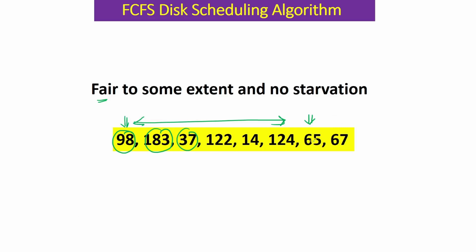And after request 65 is serviced, then for sure the turn of 67 will come. It means there will be no request which will wait indefinitely. So that's why there will be no starvation in this algorithm.